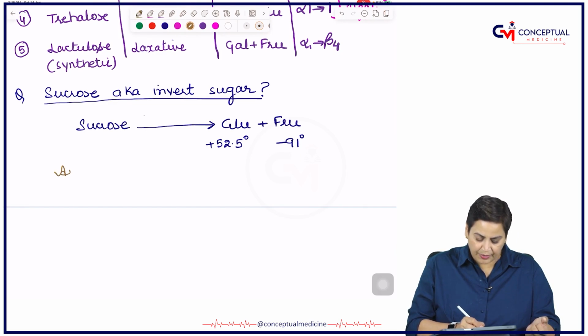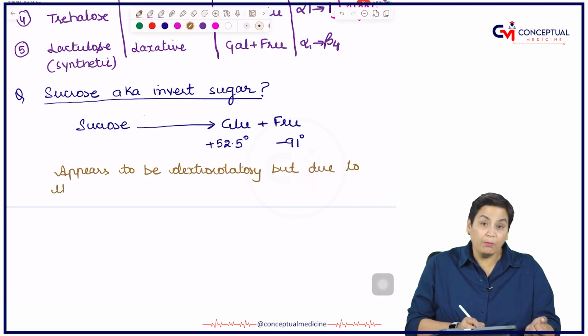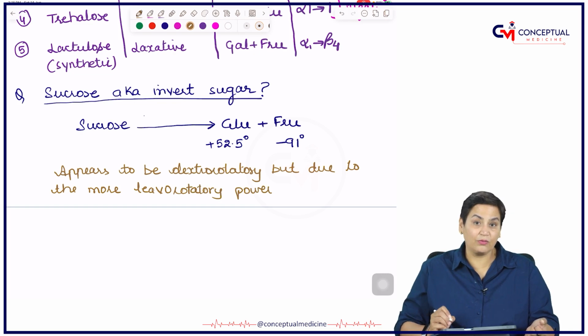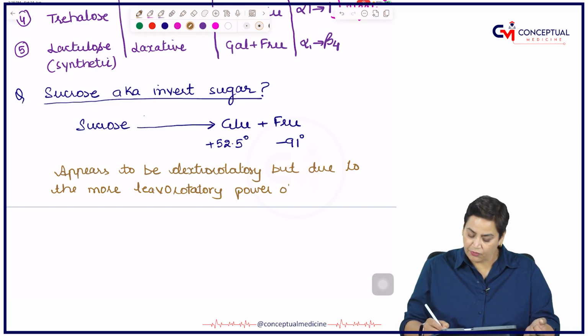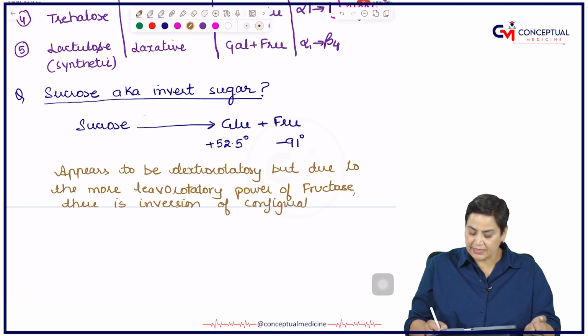It appears to be dextrorotatory, but due to the more levorotatory power of fructose, as you can see the angle of rotation is minus 91, much more than plus 52.5 degrees, there is inversion of configuration. And that is why it is known as invert sugar.